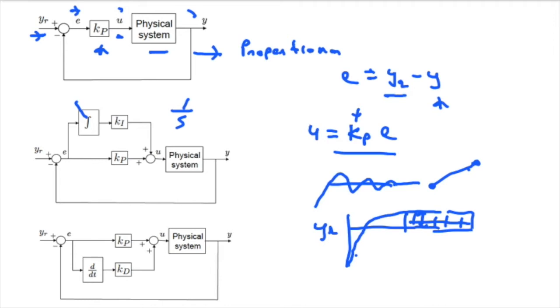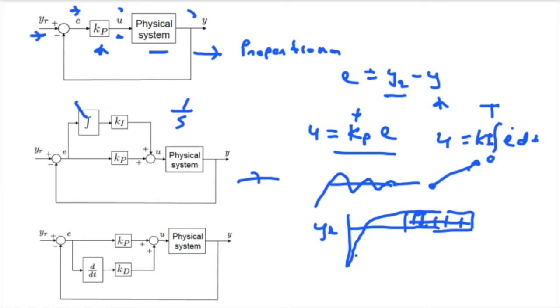Okay. And next, so this is integral control. Basically, u equals the integral of error e dt from 0 to t times ki, right? So ki is the gain multiplied by that error accumulation. So that's your u.